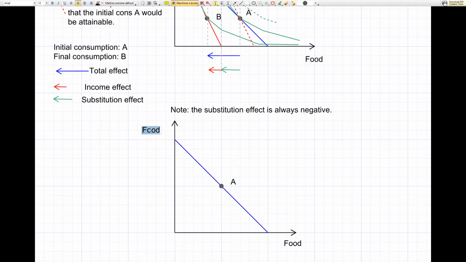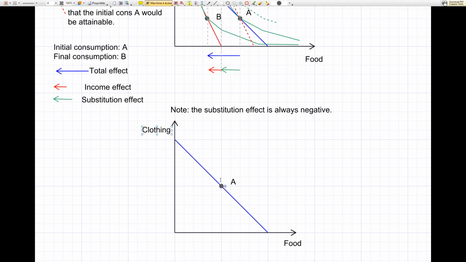So what happens? Well, what is A here? A is the best choice that the person could make given its possibility of consumption, which were this whole triangle.